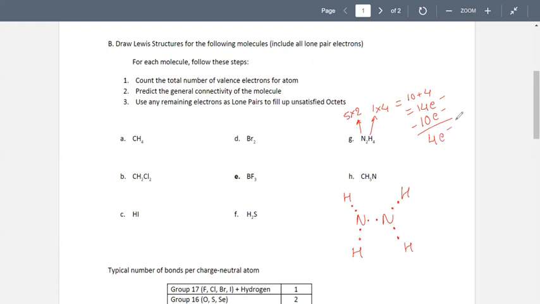Now I need to check. The first thing is I need to fill all the atoms which are in the outer circle. That's what I need to fill the electrons with. And if their outermost orbital is full, then only I'm going to put those electrons in the atoms which are in the inner side.